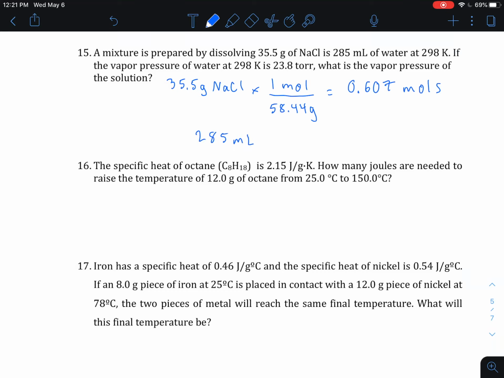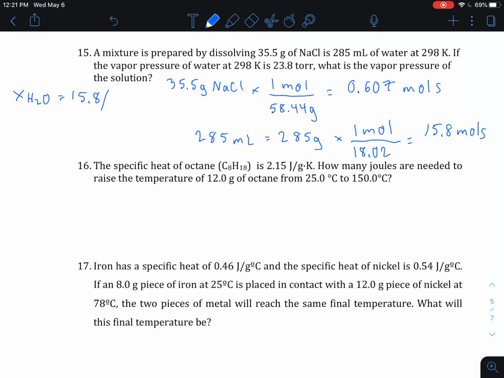And then I need to change the water to moles. So let's call our 285 milliliters again, we'll say that's 285 grams. Change that into moles. So for water, we'll use 18.02. And that gives me 15.8.